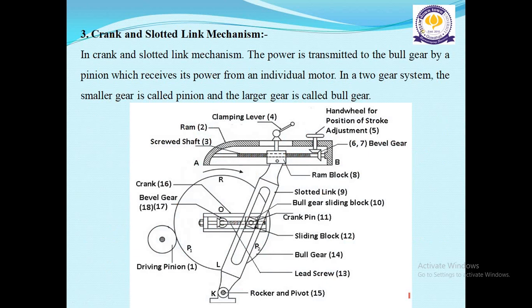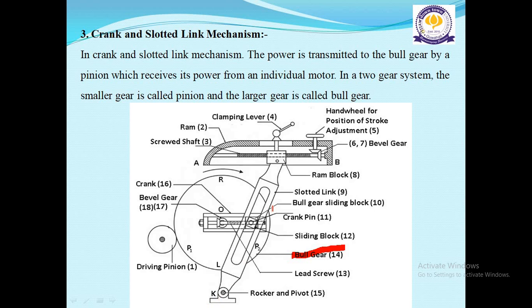Next, we move on to crank and slotted link mechanism. In crank and slotted link mechanism, the power is transmitted to the bull gear by a pinion which receives its power from an individual motor. In a two-gear system, the smaller gear is called pinion and the larger gear is called bull gear.